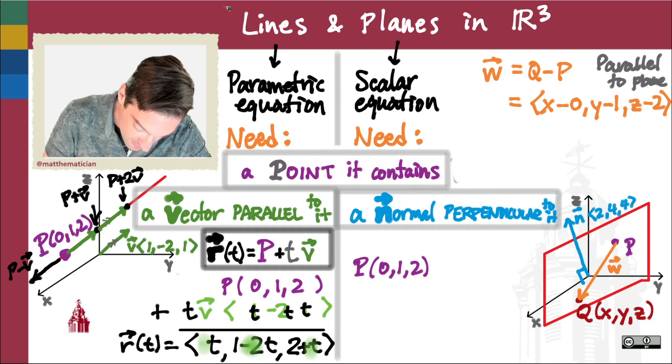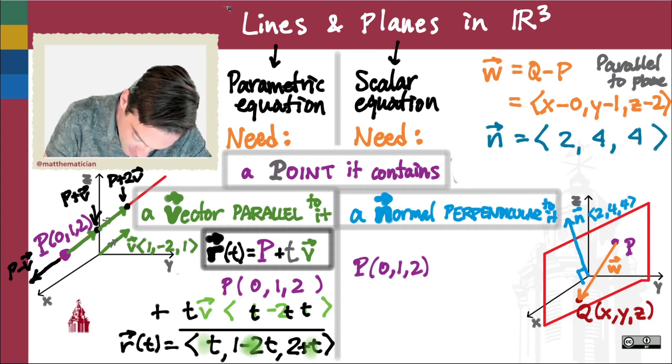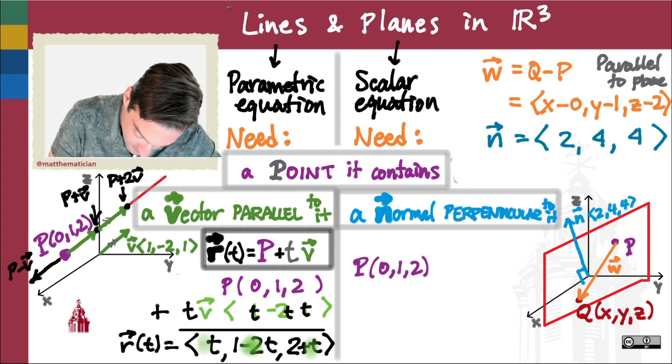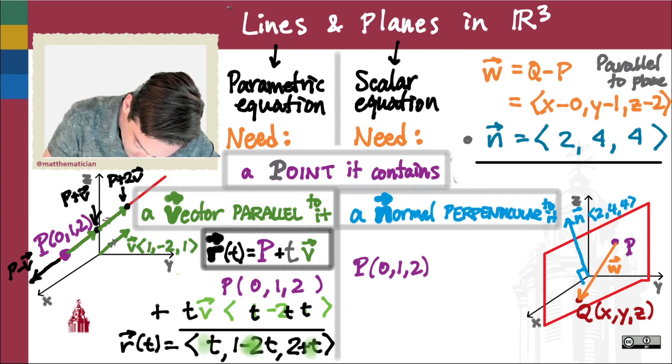Okay, so if that direction is parallel to my plane, and my normal direction, (2, 4, 4), is perpendicular to my plane, then when I take their dot product, W dot n had better be 0.